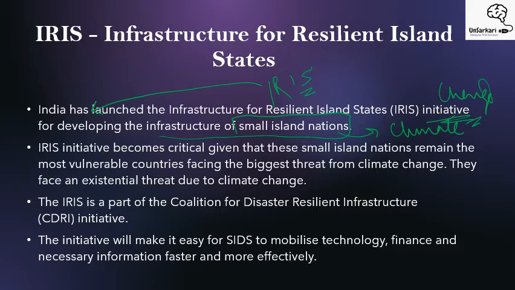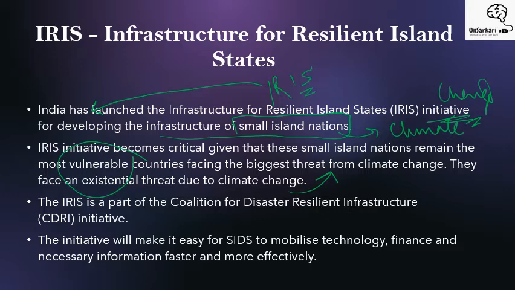It becomes very crucial because these small island nations remain the most vulnerable countries. As I just said, they have the biggest threat from climate change. They face an existential threat, meaning their very existence could be completely wiped out by the coming climate change.